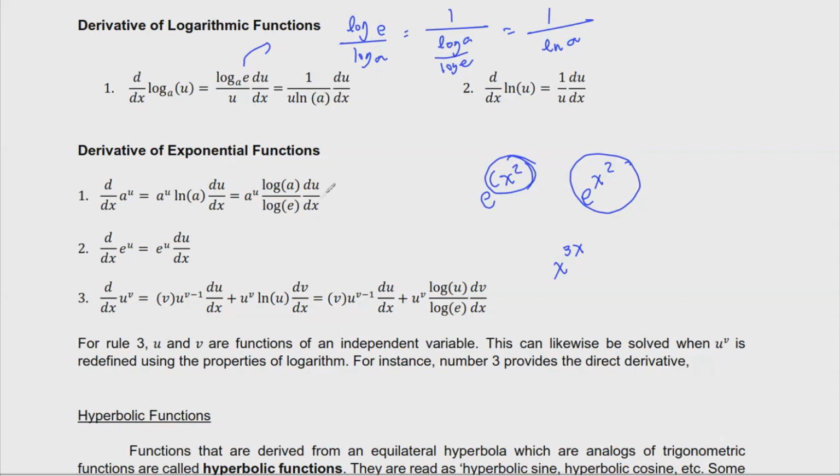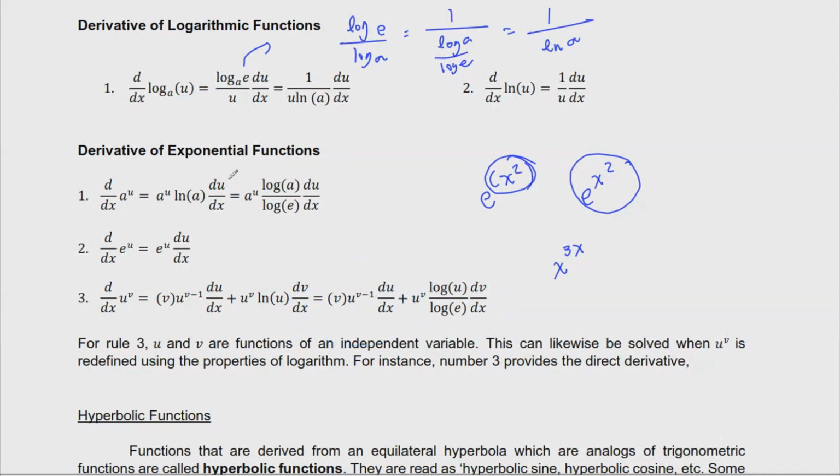It says here that the derivative is something like v times u raised to v minus 1. If you look at this expression, it looks something like the power rule. And this one looks like the exponential rule that we use in logarithm. Actually, this is number 1 rule in exponential functions.